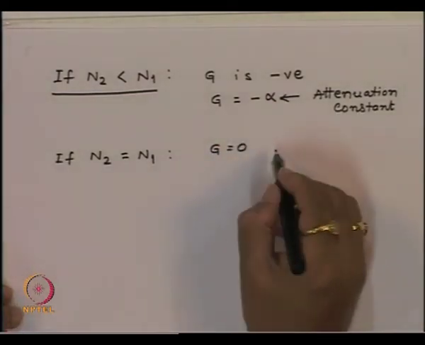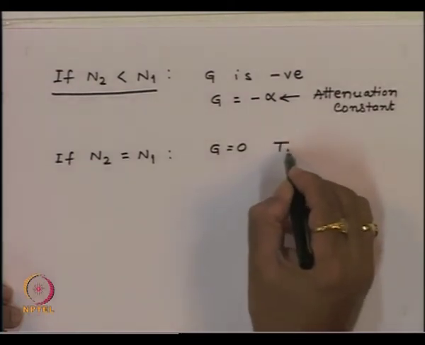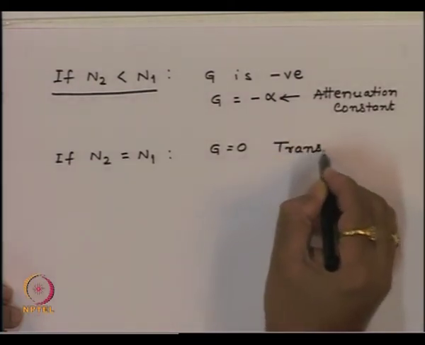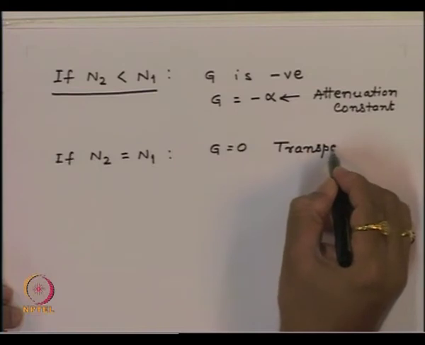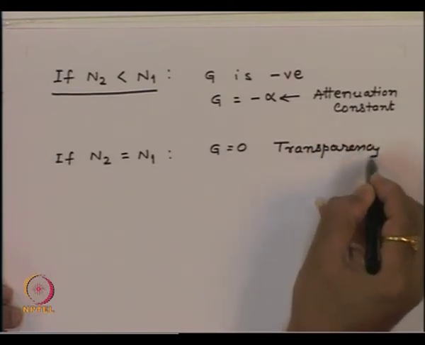and then we call this thing the transparency condition. That means the photon flux neither grows nor decays as it travels inside the material.